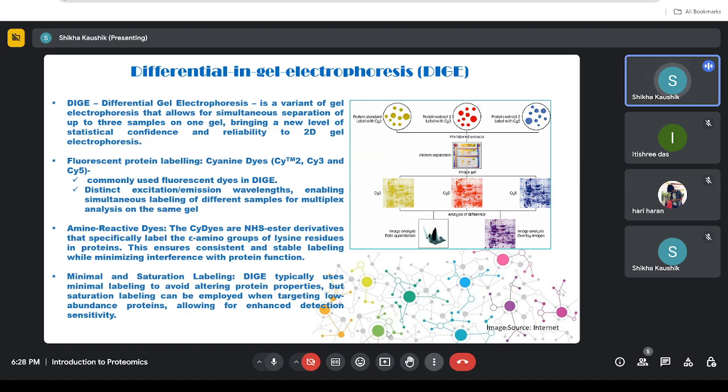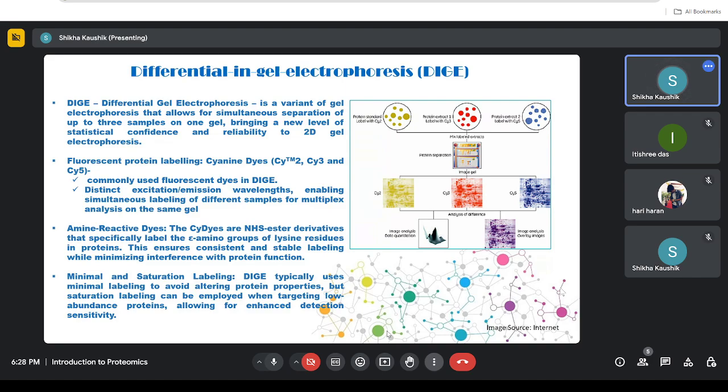You will find no difference in their spots. But for the low abundant proteins, you will have a clear-cut view. You can capture their abundance and their difference in expression once you have saturation labeling.